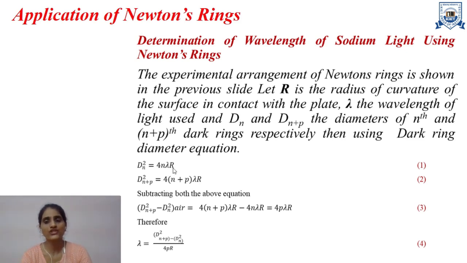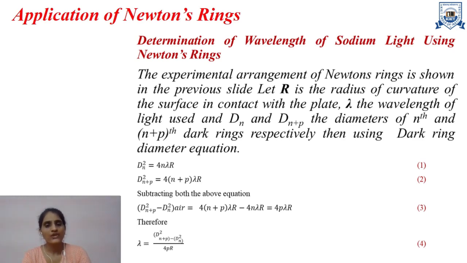So using the equation of dark ring, Dn squared is 4n lambda R, that is my equation 1, and Dn+p squared is equal to 4(n+p) lambda R, where p is an integer. That is my equation 2.